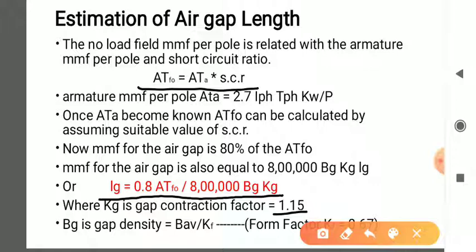And the MMF per pole ATA can be calculated by using the expression 2.7 into IPH into TPH into kW divided by P. So once we know the value of MMF per pole, that is ATA, then by assuming a suitable value of the short circuit ratio, we can calculate the no load field MMF ATFO by using this expression. And by inserting this value in the expression of Lg, we can easily calculate the length of air gap.